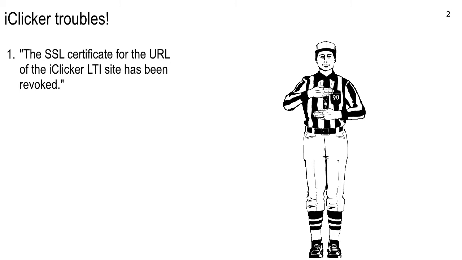The SSL certificate for the URL of the iClicker LTI site has been revoked, which I don't really understand what that means, except I do know that it means trouble and that it's not working. And we've had this trouble before using Internet Explorer, especially if that's your browser. You have to go in and fix the security settings and permit stuff. But it's not working for anybody.